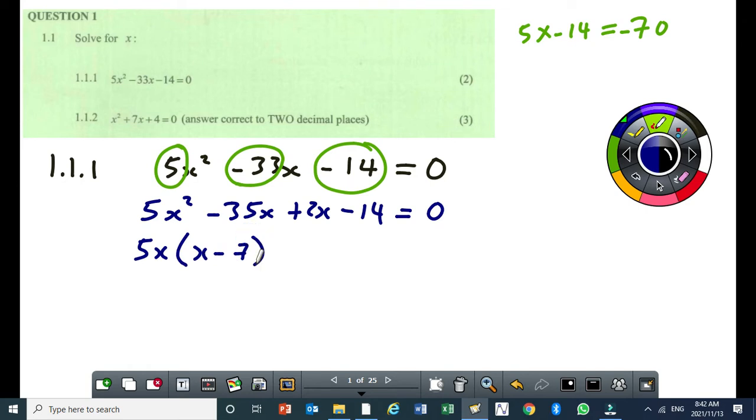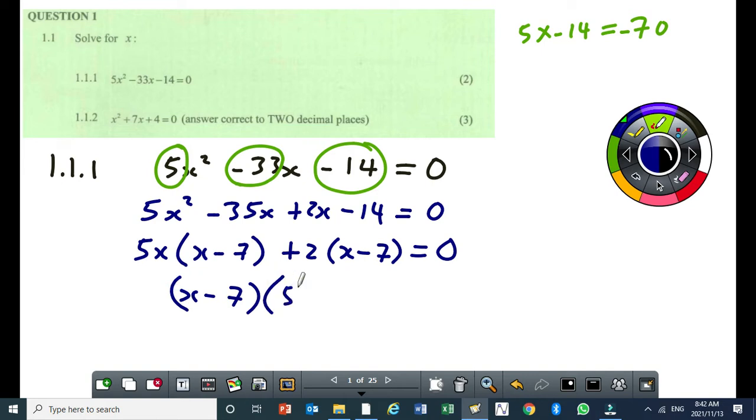If you create a binomial factor, so the first one here must be the second one that you also created. It will be plus 2 times x minus 7 equals 0. Then your two factors are going to be x minus 7 times 5x plus 2 equals 0. When you solve this, you get x equal to 7 or x equal to negative 2 over 5.